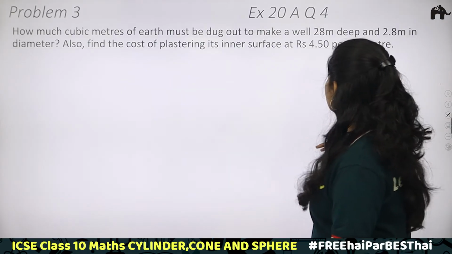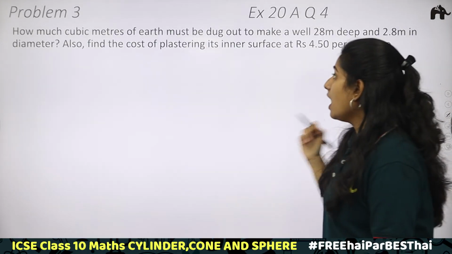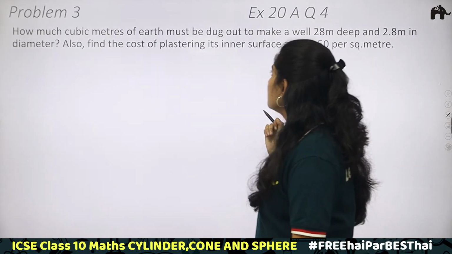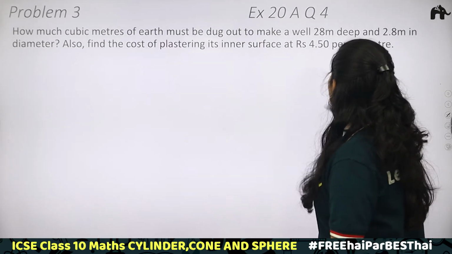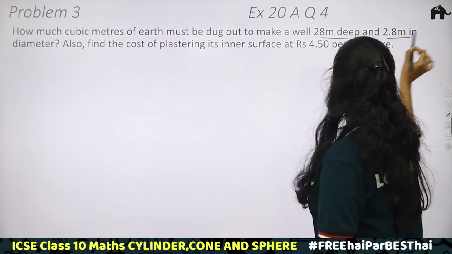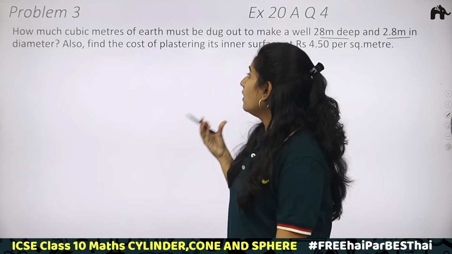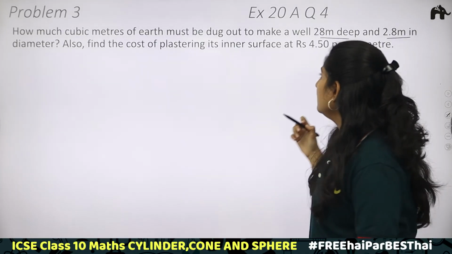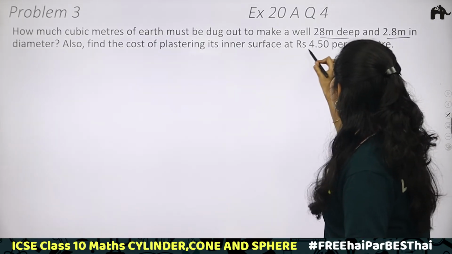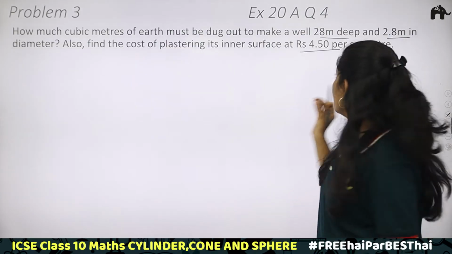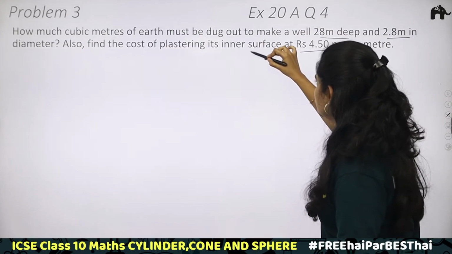Problem number 3, question 4 of exercise 20A. How much cubic meters of earth must be dug out to make a well 28 meter deep and 2.8 meter in diameter? Also find the cost of plastering its inner surface at rupees 4 rupees 50 paise per square meter.